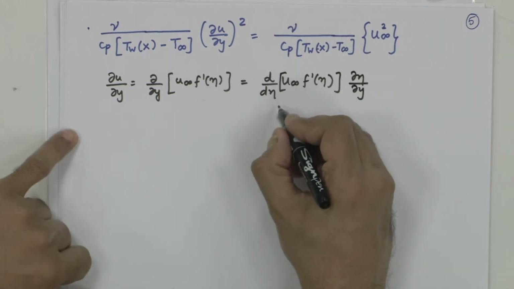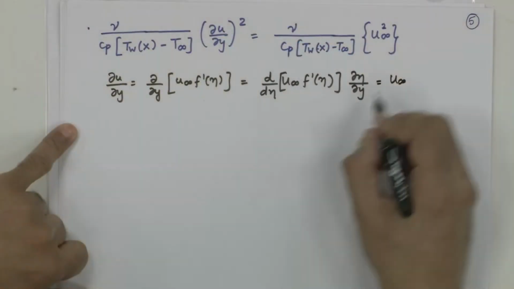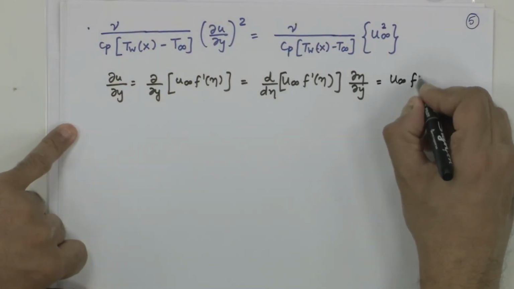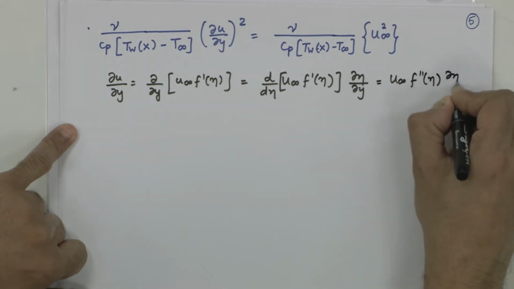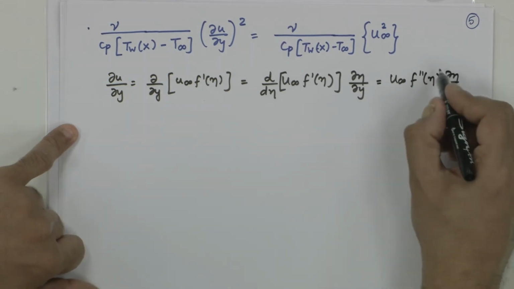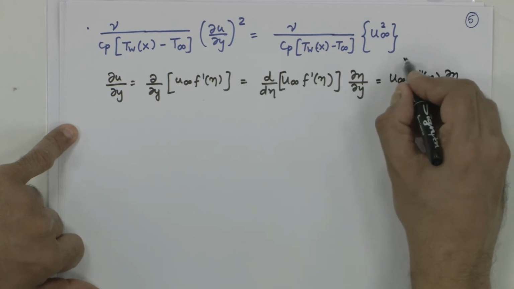This u∞ is only a function of x, so it comes out like this: u∞ f''(η) dη/dy. This is what I am going to substitute.